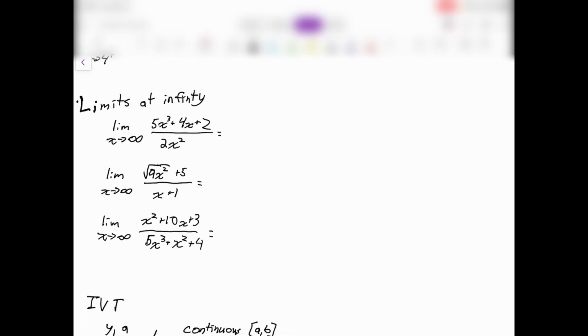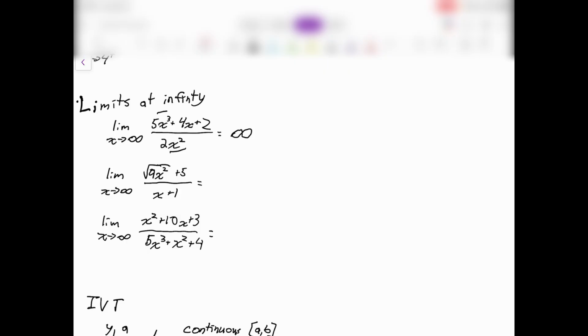Now let's look at limits at infinity. These 3 limits represent 3 different cases. This top case is when the degree on the top is greater than the degree on the bottom. This exponent above the x cubed is greater than the x squared, so it's increasing faster, which means it's going to be infinity. Now let's look at this one.